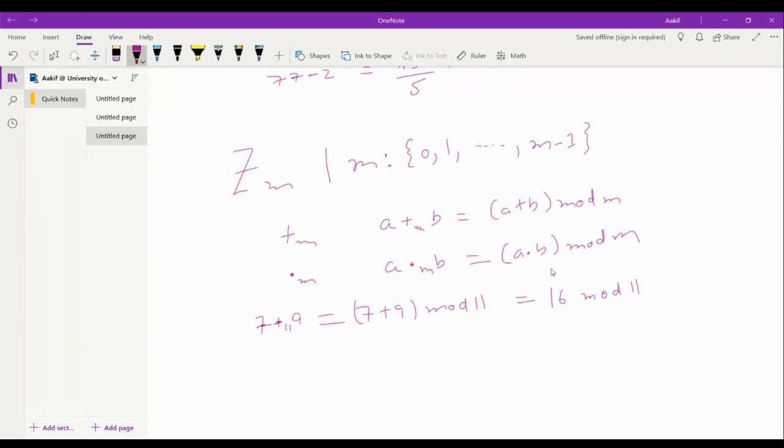The point worth noting here is that it's not a congruence, you are just equating it. So instead of the congruent symbol, we have the equal to symbol here.